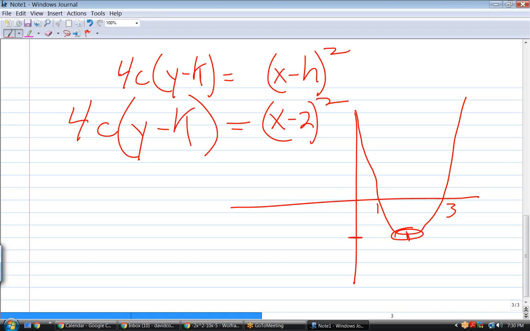I don't know what it is because we didn't define the equation. But when the vertex is not at the origin, you have to incorporate the h and the k.